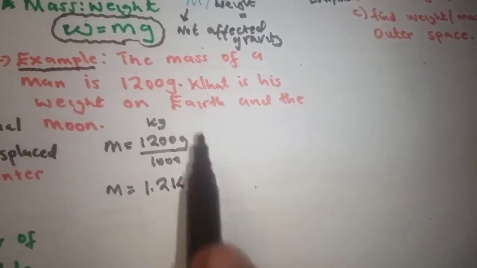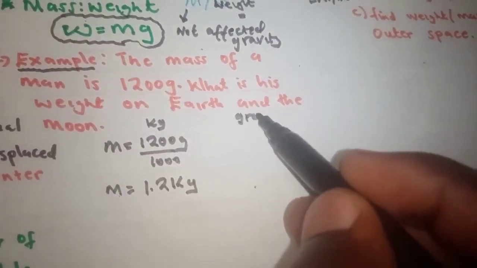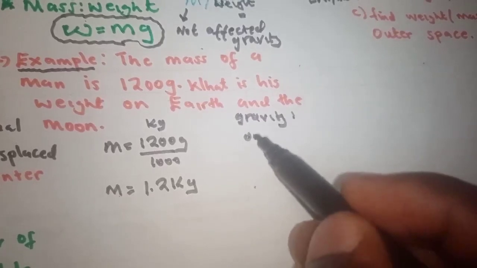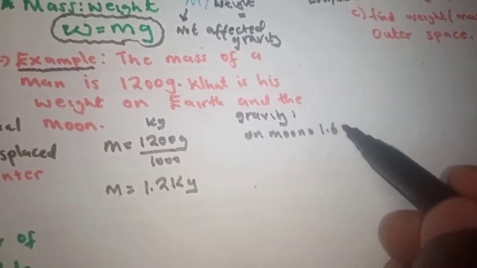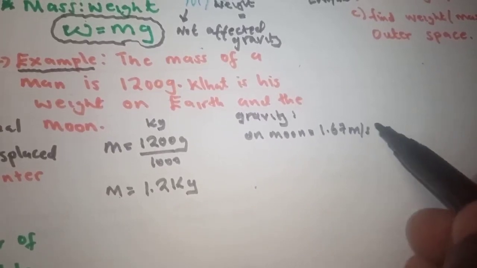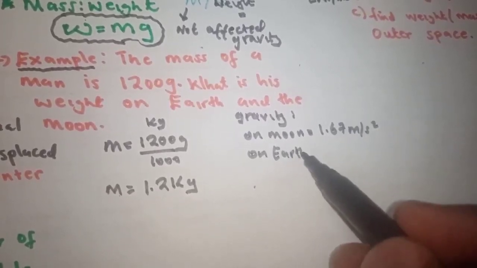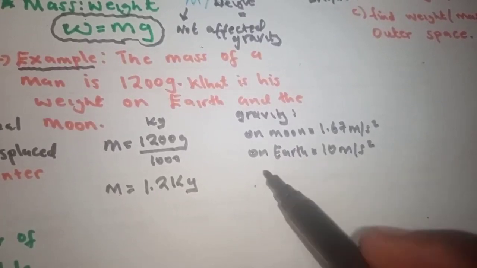The question asks, what is his weight on the Moon? So we need to take note of gravity. Gravity on the Moon is simply 1.67 meters per second squared. On the Earth, the gravity is 10 meters per second squared.